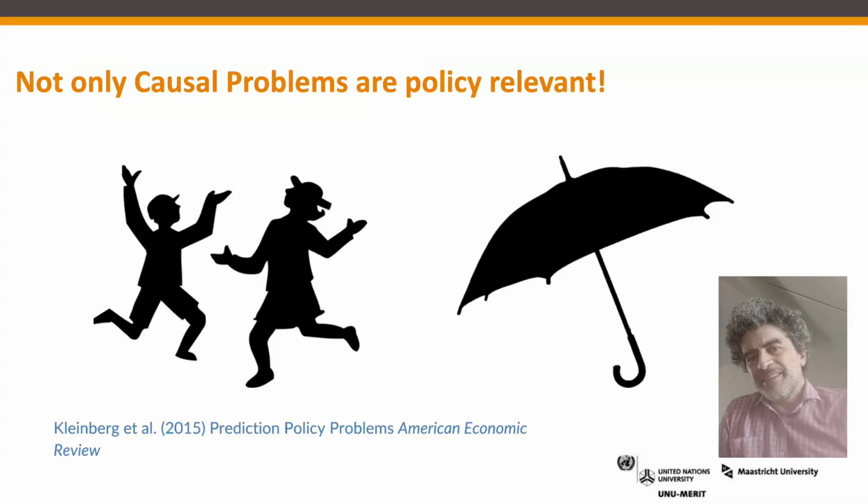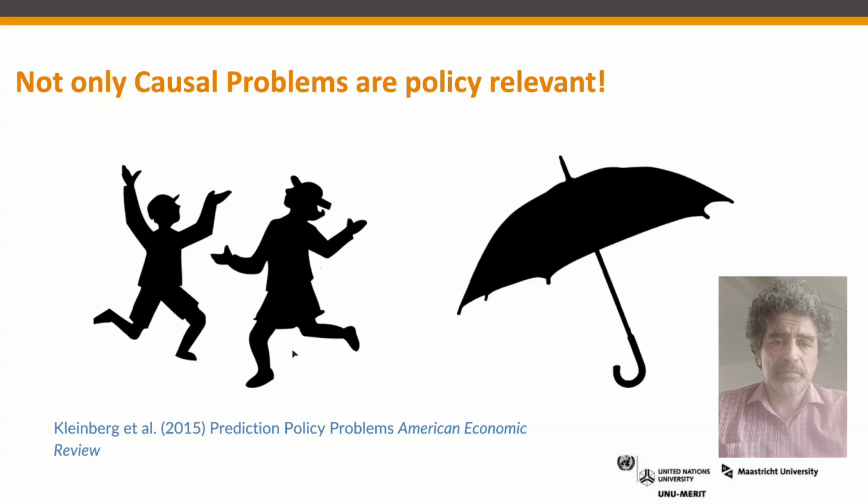And honestly, these 2015 papers from Kleinberg et al. are really the first, well, not the first, but the first widespread, important statement in economics showing that prediction problems are also relevant. A prediction problem is a problem where you are not trying to infer why something happens, you are trying to infer what is going to happen in the future.